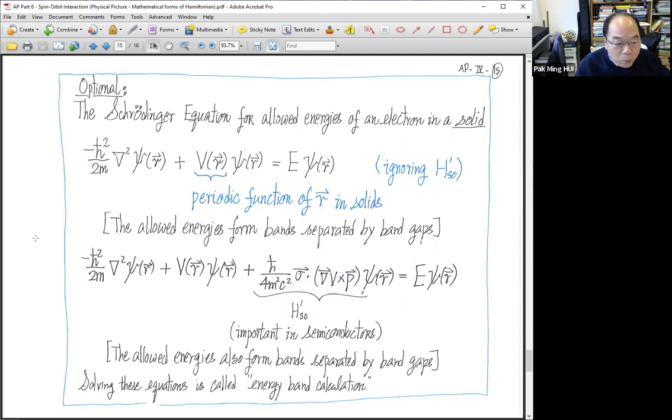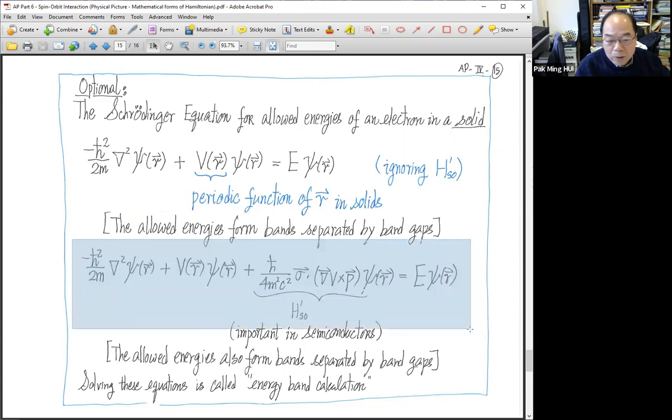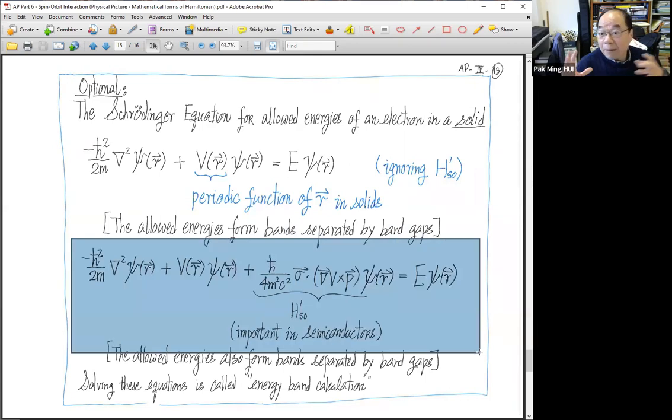And that will be equation 1 for those who will be doing semiconductor physics. Silicon or something like perovskite solar cell material, you need this, okay? Usually you need this spin-orbit interaction term to be included in your band structure calculations.